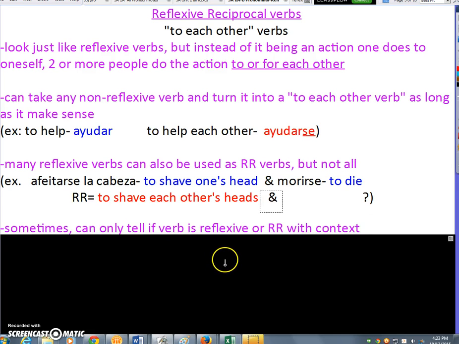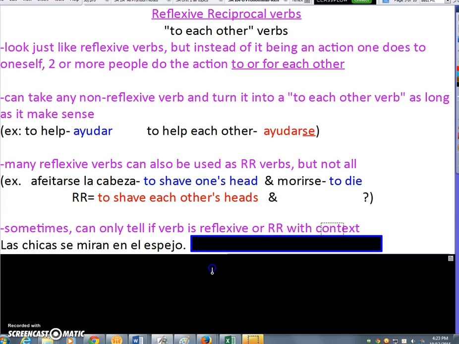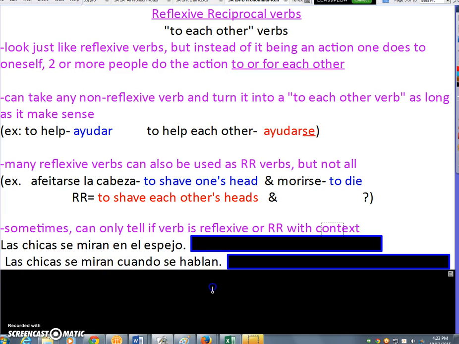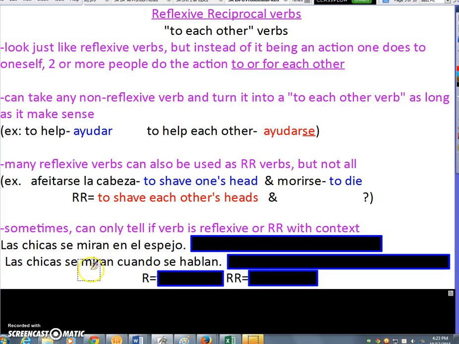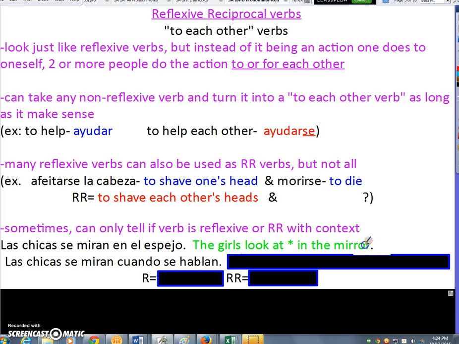Sometimes, because they do make sense, you can only tell if a verb is reflexive or reflexive reciprocal depending on context. For example, these 2 sentences here use the verb mirar, which if you remember from your direction words means to look at. And so this is saying that the girls look at blank in the mirror.